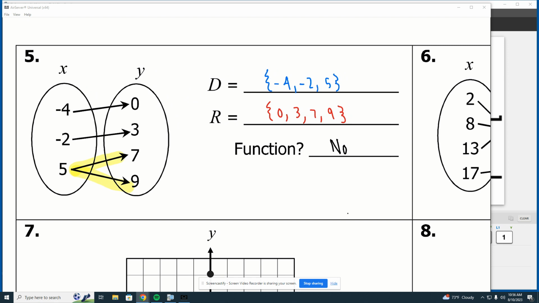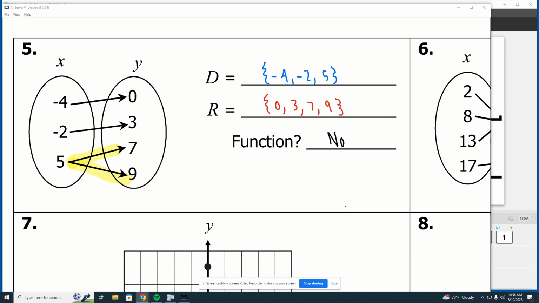Can X give me multiple values of Y? No. In this case, if I were to write these both as ordered pairs, Vaughn, those 2 ordered pairs would be 5, 7, and 5, 9. X can't give me multiple ordered pairs. Okay? So, not a function.